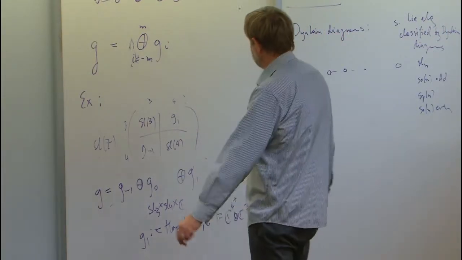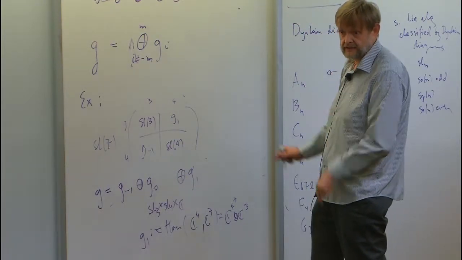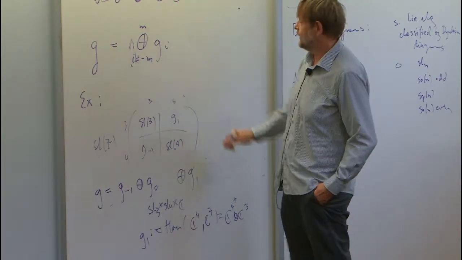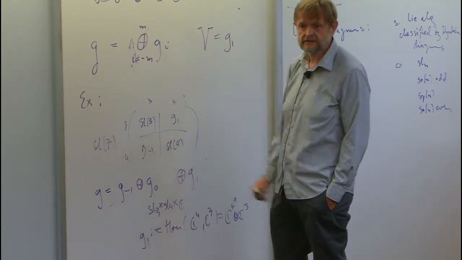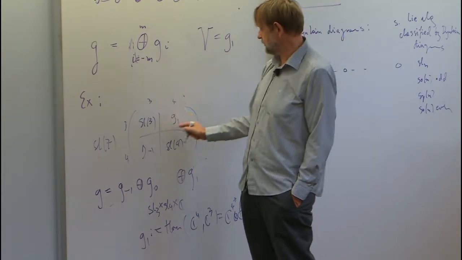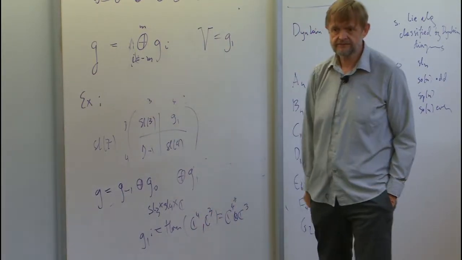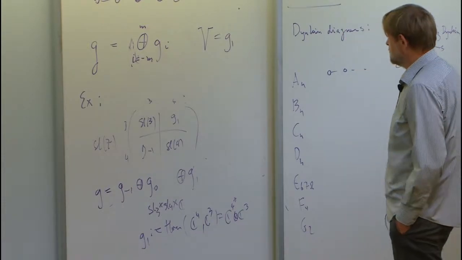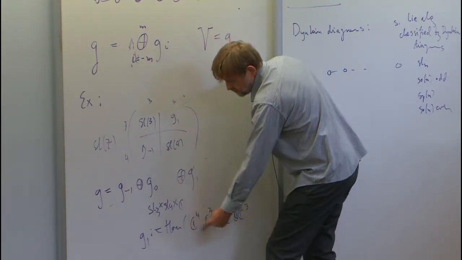It doesn't matter. Our representation we are interested in, I didn't tell you, will always be G1, the first graded component. In this case, it is just Hom from C4 to C3, so 4 times 3 matrices. And of course the group will act by row and column operations.